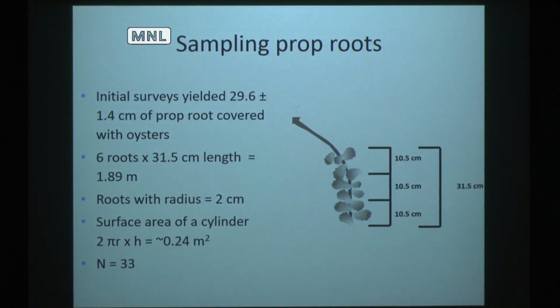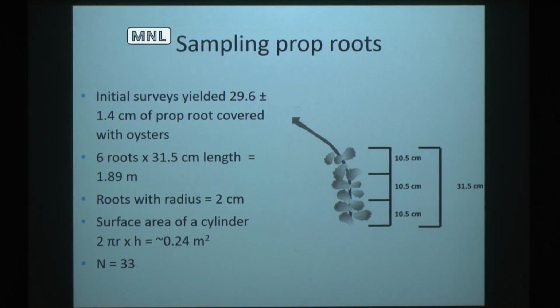So in order to sample prop roots, similar to the areas I sampled in reefs, I had to be a bit creative. First, I went out and did some exploratory surveys to figure out how high on the prop roots these oysters grow. This gave me an approximate length of about 30 centimeters.